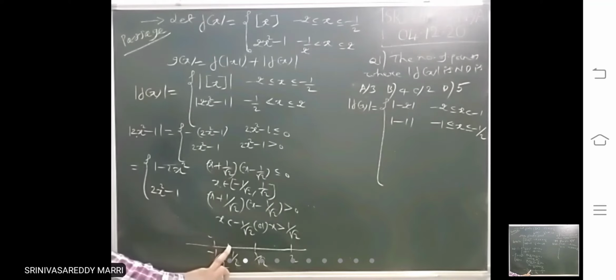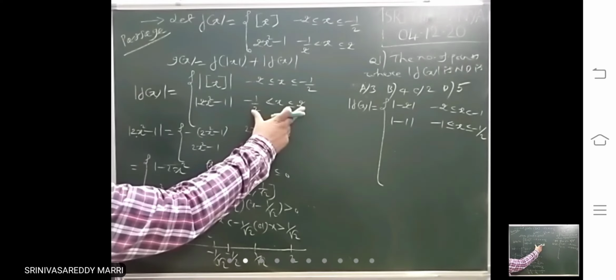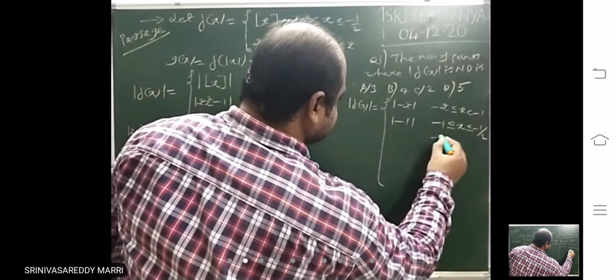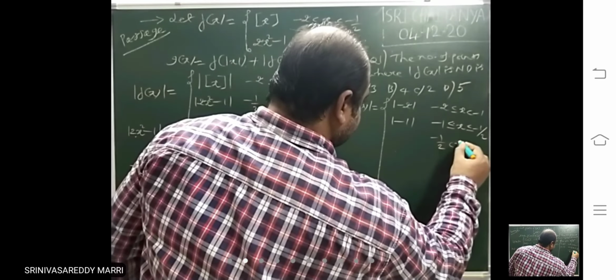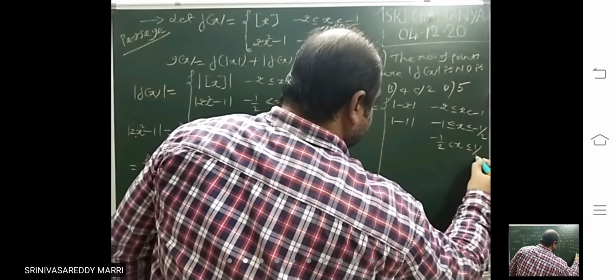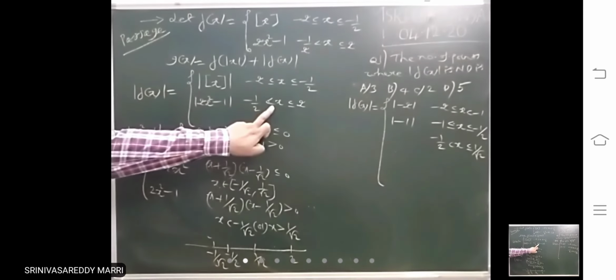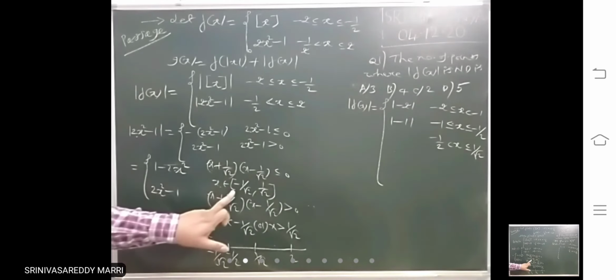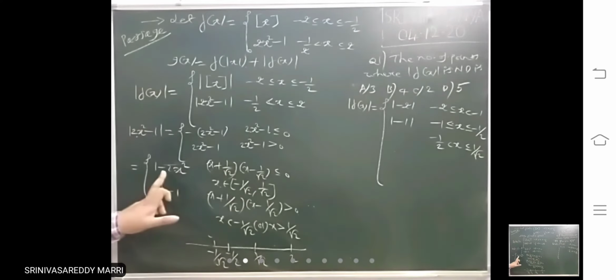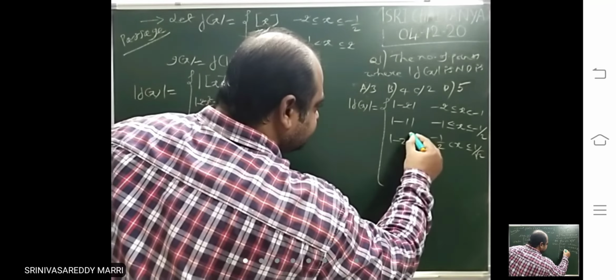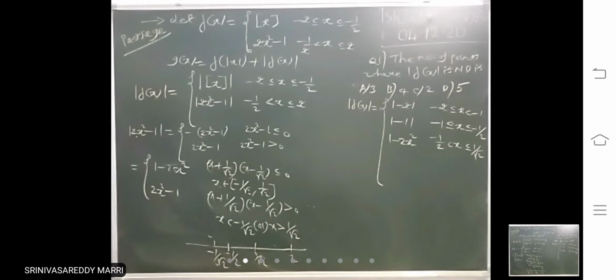Now we want the definition from minus 1 by 2 to 2, so I will split it like this. Minus 1 by 2 to 1 by root 2: what is the definition? 1 minus 2x square.